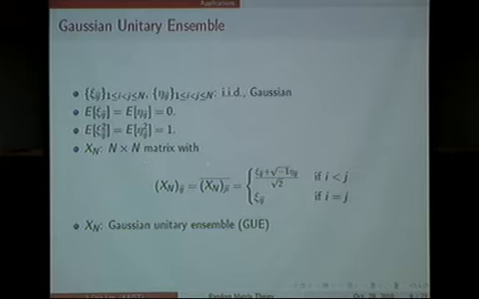Anyhow, you have an n by n matrix with this condition, now Hermitian instead of just symmetric, and each entry of this matrix is a complex number. So psi ij plus square root of minus 1 times eta ij, divided by square root of 2. I put square root of minus 1 instead of i because I don't want to repeat i. So the real part is Gaussian, and the imaginary part is again Gaussian, for the off-diagonal elements. For the diagonal elements, we just have the real number psi ij, because otherwise it's not Hermitian. We call this kind of matrix a Gaussian unitary ensemble matrix.